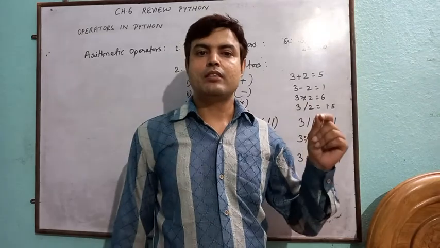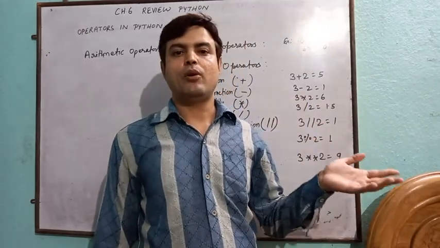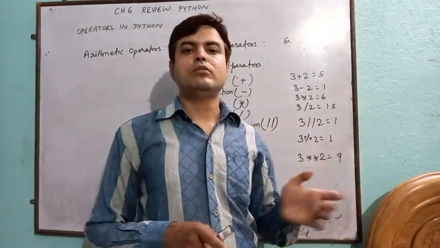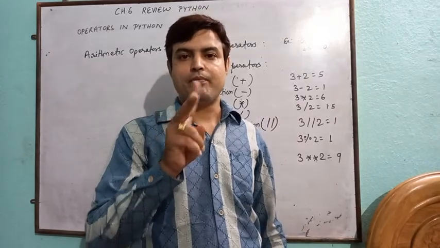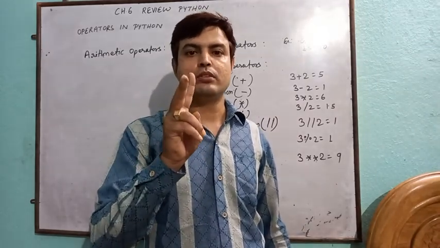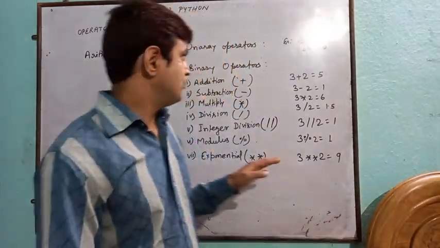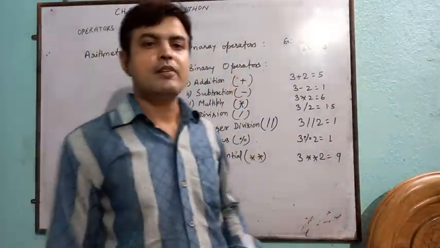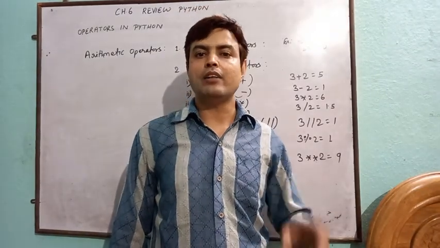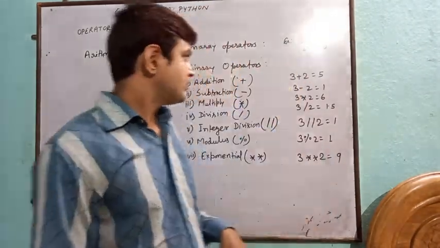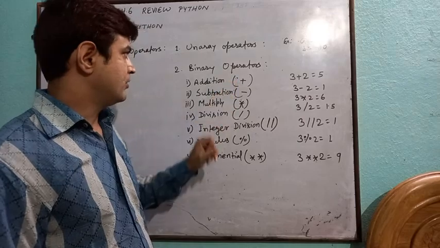If there are many operands, we first find the sum of two, then we find the next sum, and so on. So basically, binary operators are the operators that require two operands.